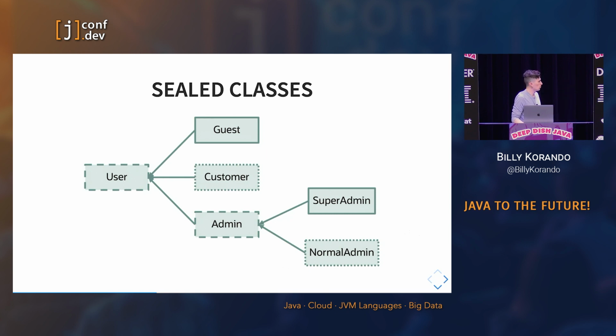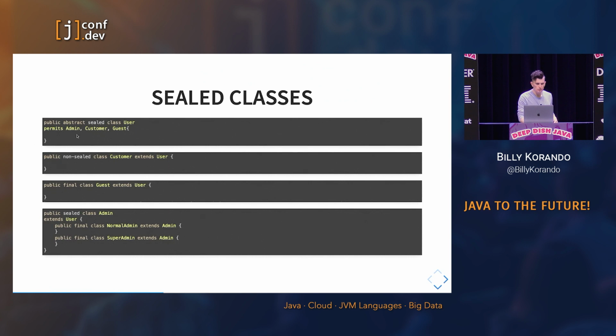What does this look like in code? So here we have the new keyword sealed, and then within the definition of our class, we would have the optional keyword permits that says, okay, Admin, Customer, and Guest can extend off of User.